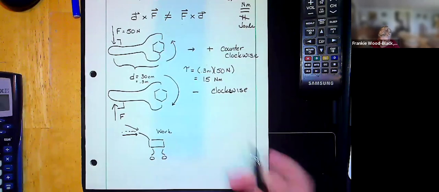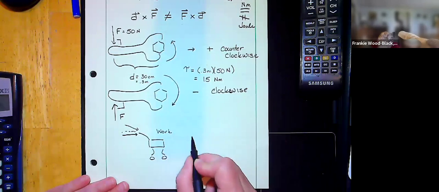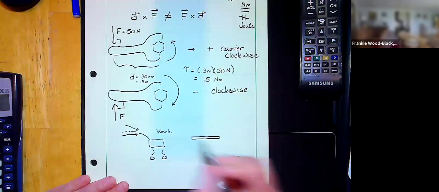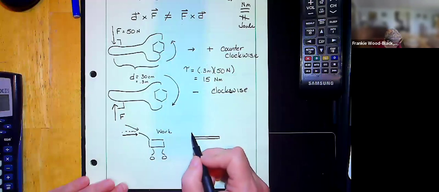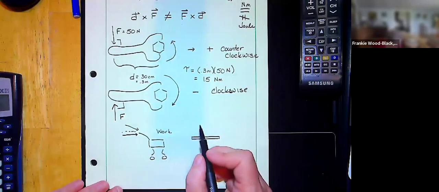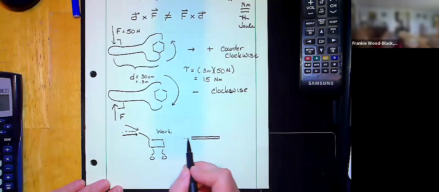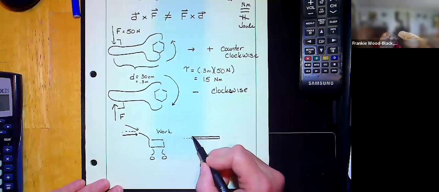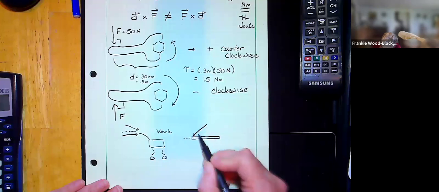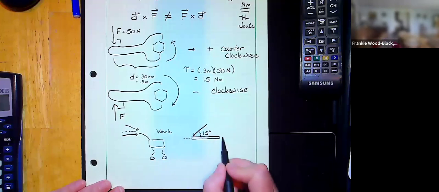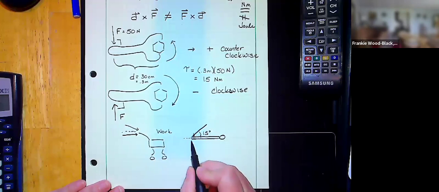Now, what would happen if I change this up? So we're going to represent my wrench like this. We're going to apply a force this way, and that's going to be 15 degrees. And here's our bolt.